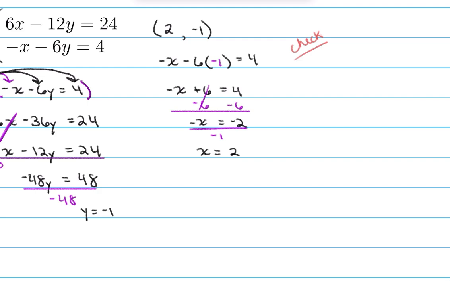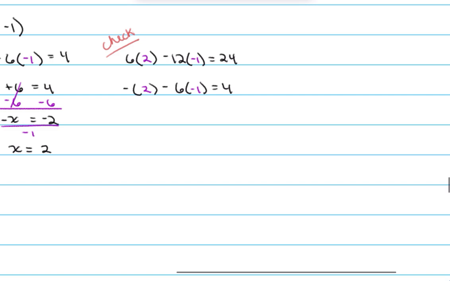So I end up with 6 times my x, which is a 2, minus 12 times my y, which is a negative 1, equals 24. And I'm going to go ahead and do the other one. I have negative x, which is a 2, minus 6 times y, which is a negative 1, equals 4.